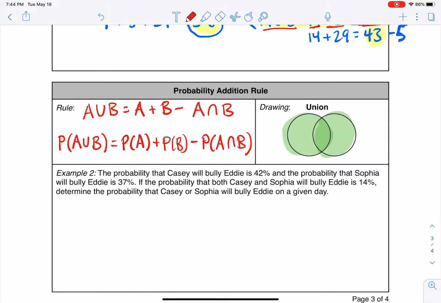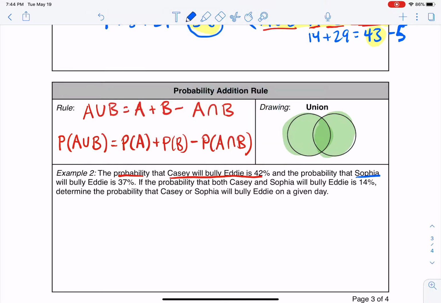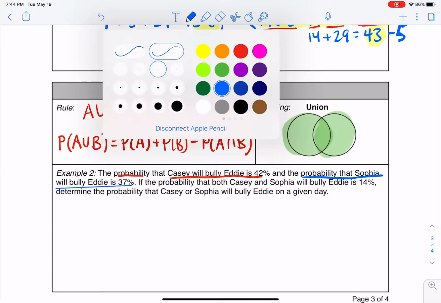So let's look at that in terms of this example. In example 2, we're told that the probability that Casey will bully Eddie is 42%. We're also told that the probability that Sophia will bully Eddie is 37%.